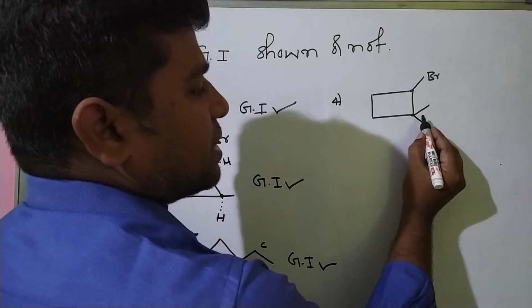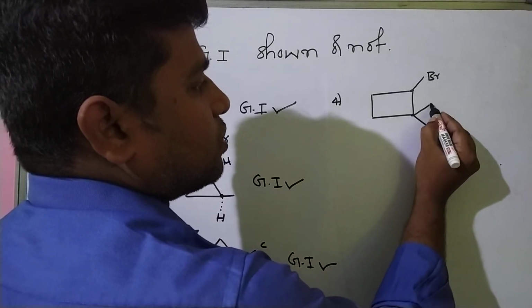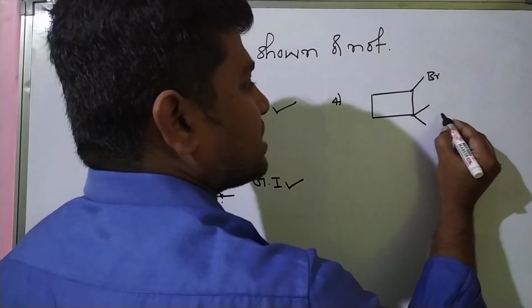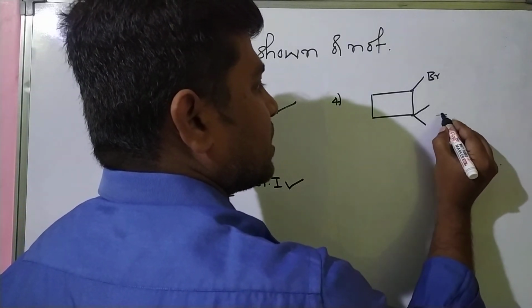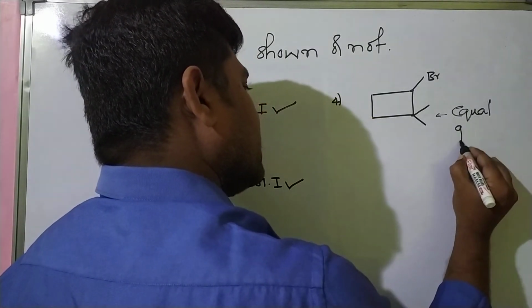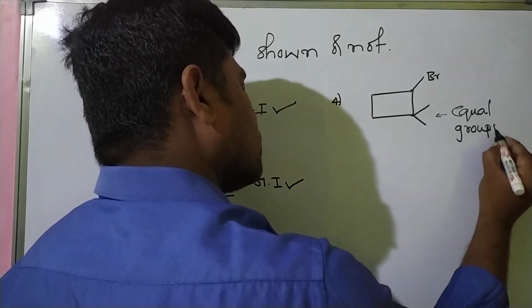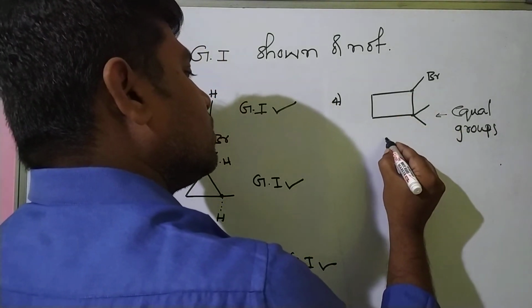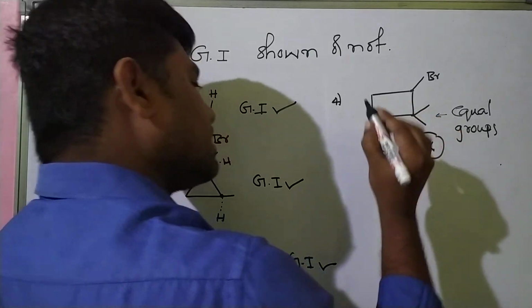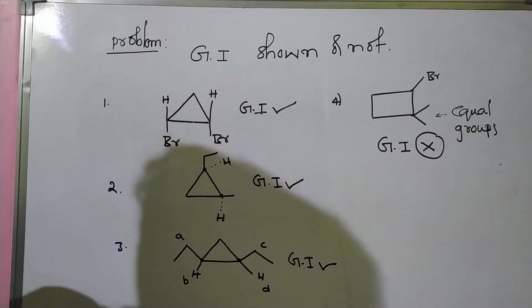But at this carbon, the two groups are equal. This is methyl, this is methyl. So at this carbon, equal groups. So this compound should not exhibit geometrical isomerism. It will not give geometrical isomerism.